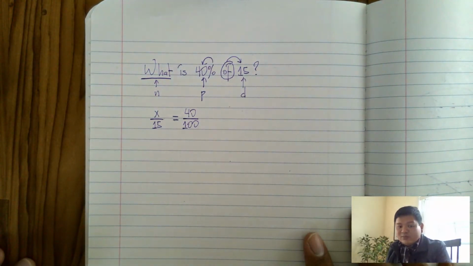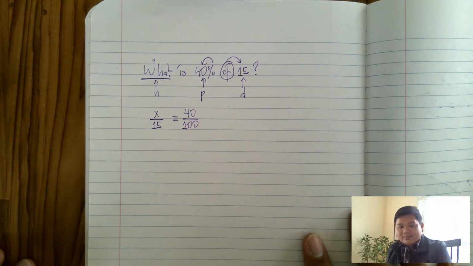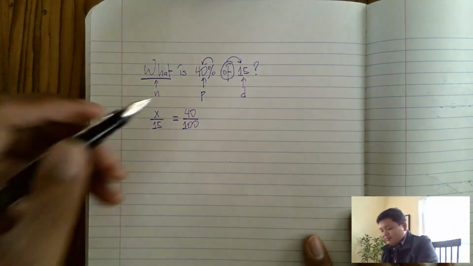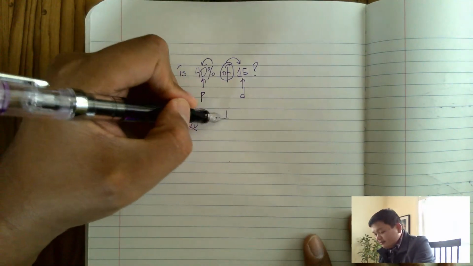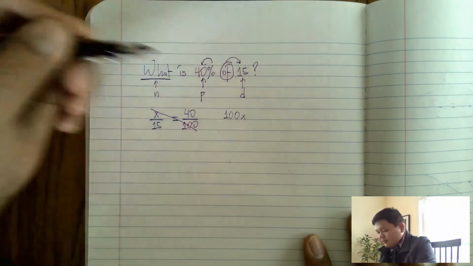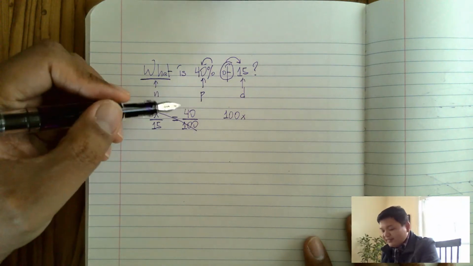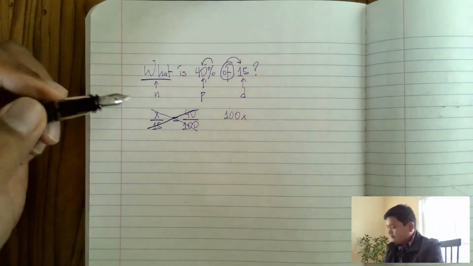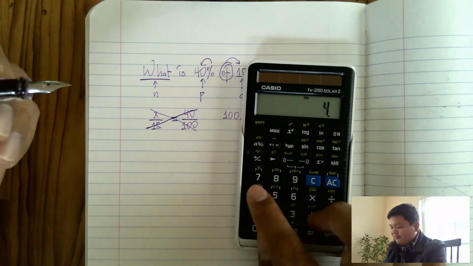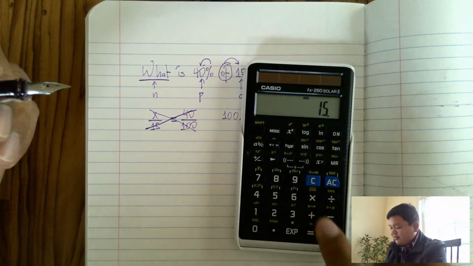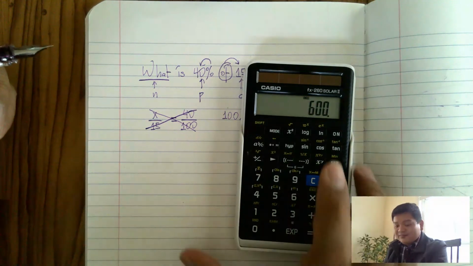We can then use cross multiplying to find out what x is. So this results in x times 100, or 100x, is equal to 40 times 15. So 40 times 15, what is that? Well, we can use our calculator. 40 times 15 is equal to 600, right?